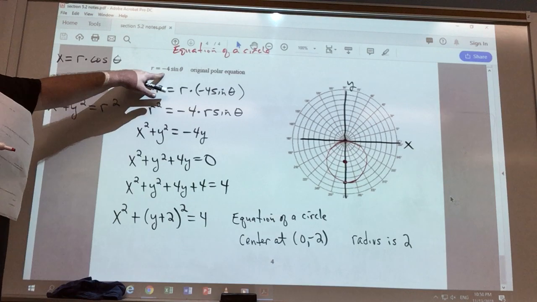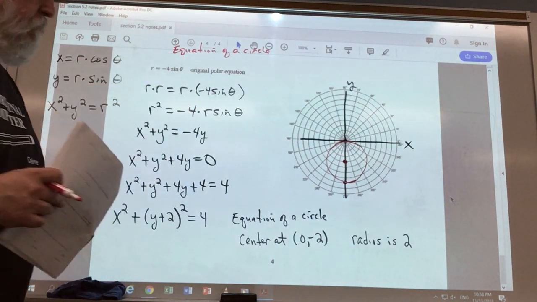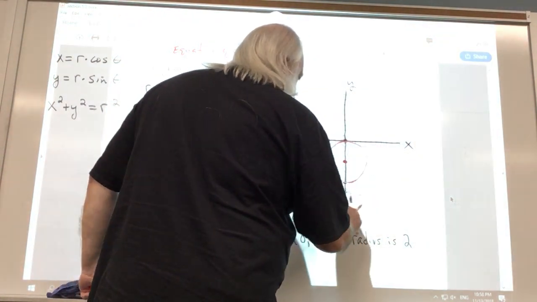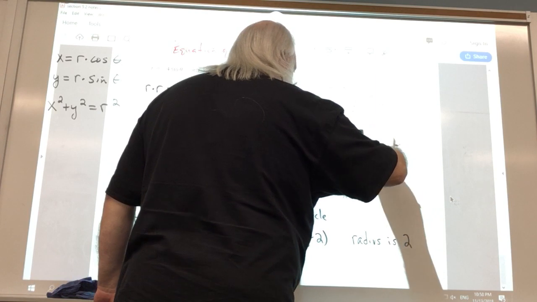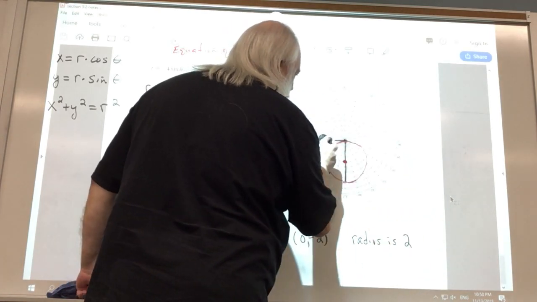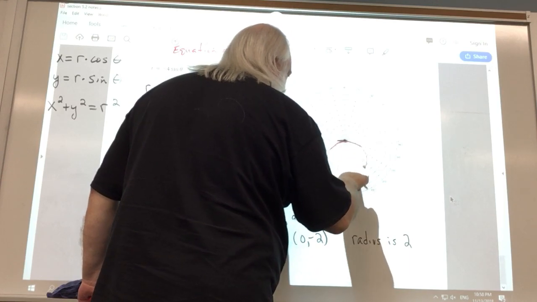So r equals minus 4 sine theta is the equation of a circle. Okay? Now we erase the x and y axis of our coordinate plane best we can without erasing anything.